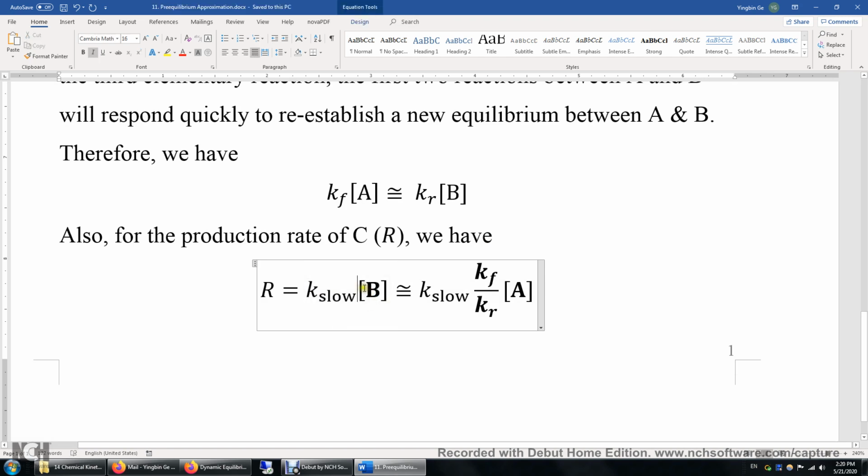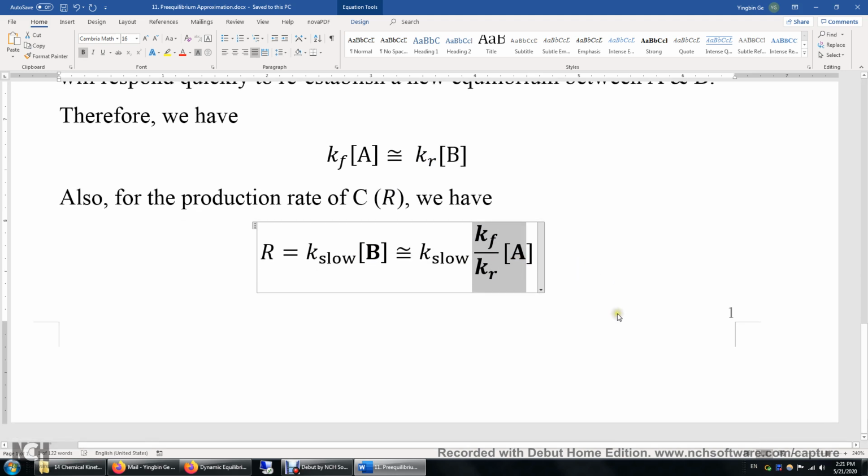And now we know B is a function of A. And why is that? It's because, again, we assumed there is always an equilibrium between A and B. So by using this equation, we know B is Kf times A divided by K sub R. So we can replace this B with Kf over Kr times A. Again, the concentration of B is approximately Kf over Kr times the concentration of A. All right, and why do we do this?